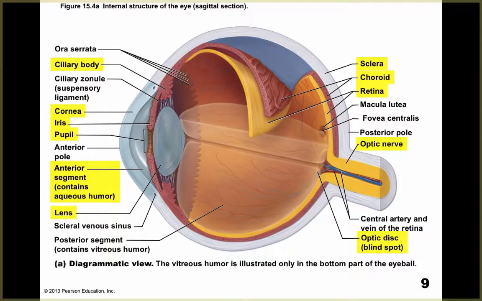The very outside you don't see here is the conjunctiva. This part right up here, that you see the arrow, that is basically the cornea. This part that's white and not transparent but opaque is the sclera.